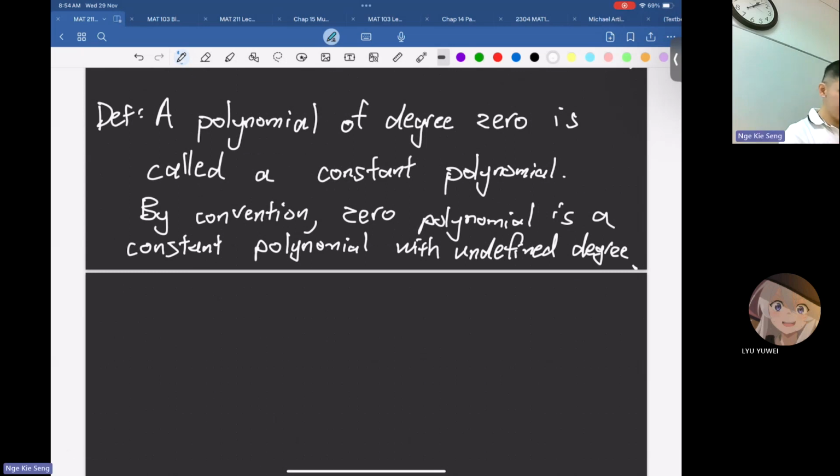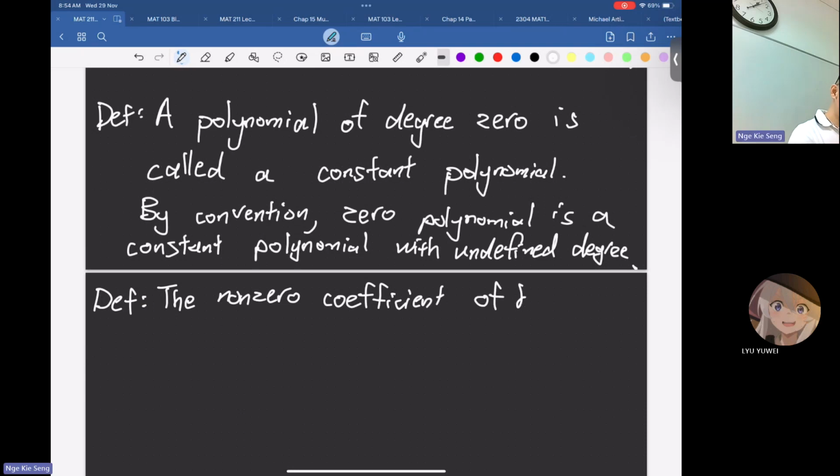Okay, and then some more terminology we introduce. Should we go on? Yes, let's go on. So the non-zero coefficient of highest degree. You have your degree, right?